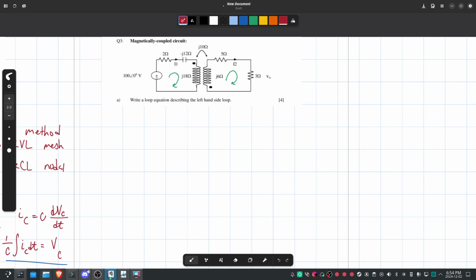So the way that I do it, first of all, keep your currents in counterclockwise. It just makes things easier. So we look at these ones here. They are magnetically opposed.